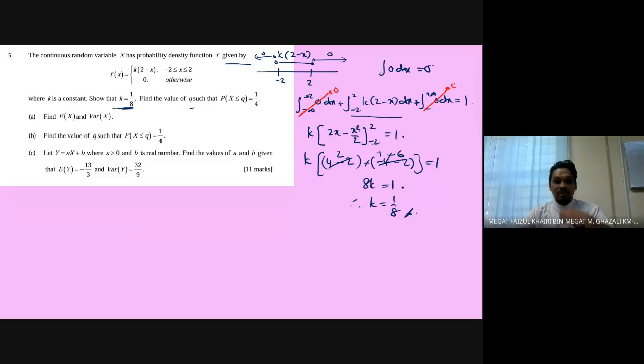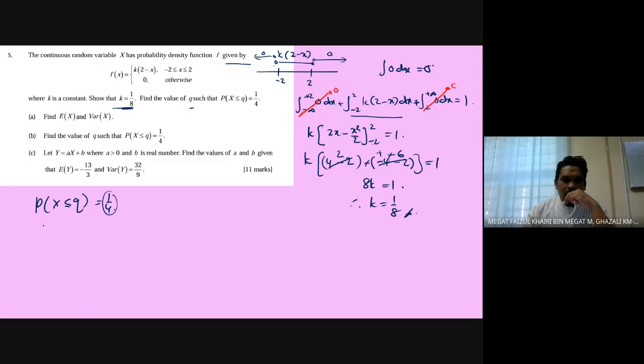Find the value of q such that P(X less than or equal to q) is 1 over 4. Okay, this is continuous. So it means 1 over 4, a quarter of this.